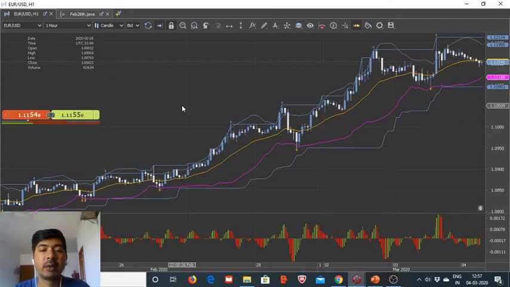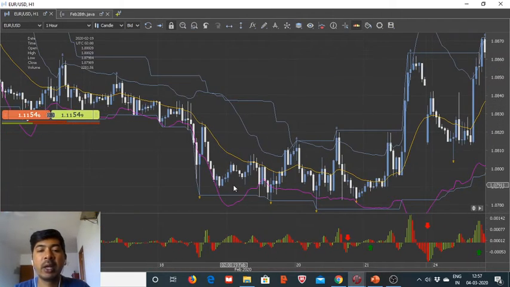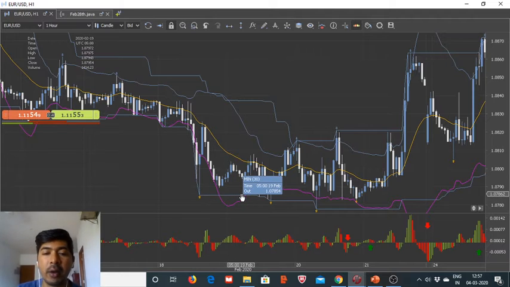And similarly, for a sell trade, we will be explicitly stating that after a new low has been made, the minima should be equal to the minima 12 hours back, and if it is, then only the order will be placed.